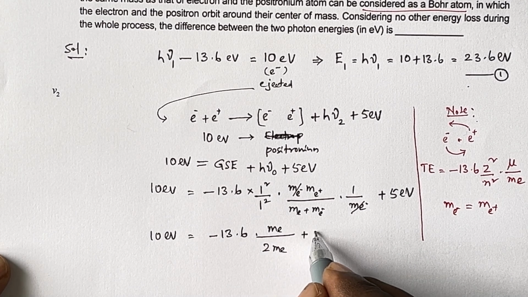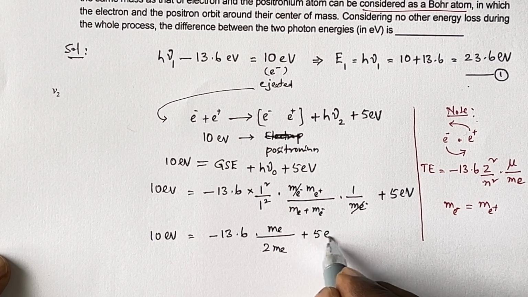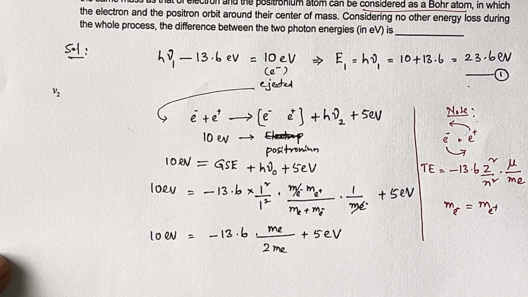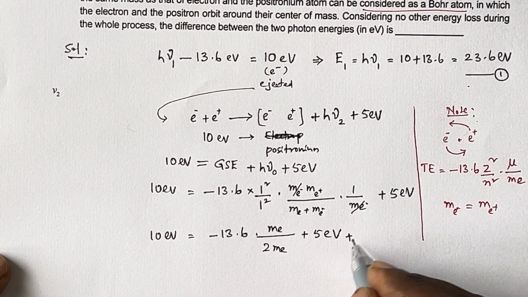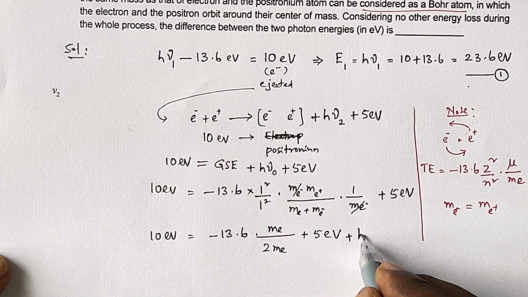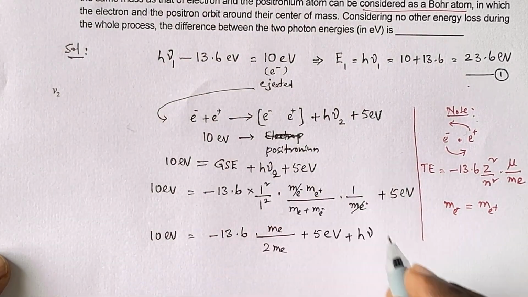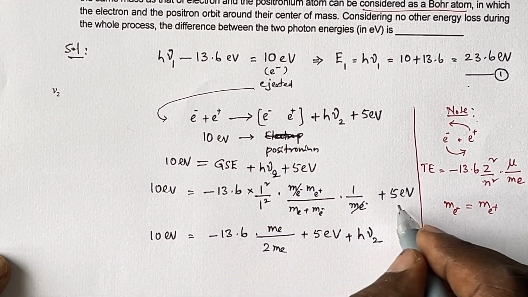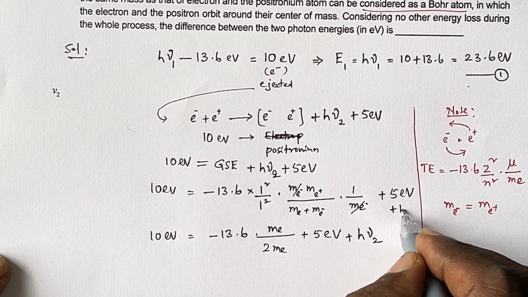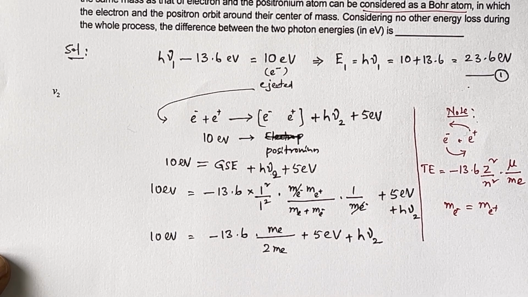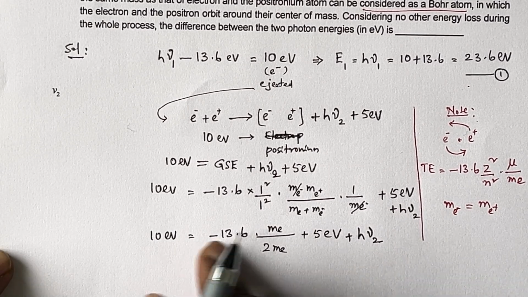Plus 5 electron volt I will write, plus h nu2 is there. I forgot to write it here. So this is the equation.